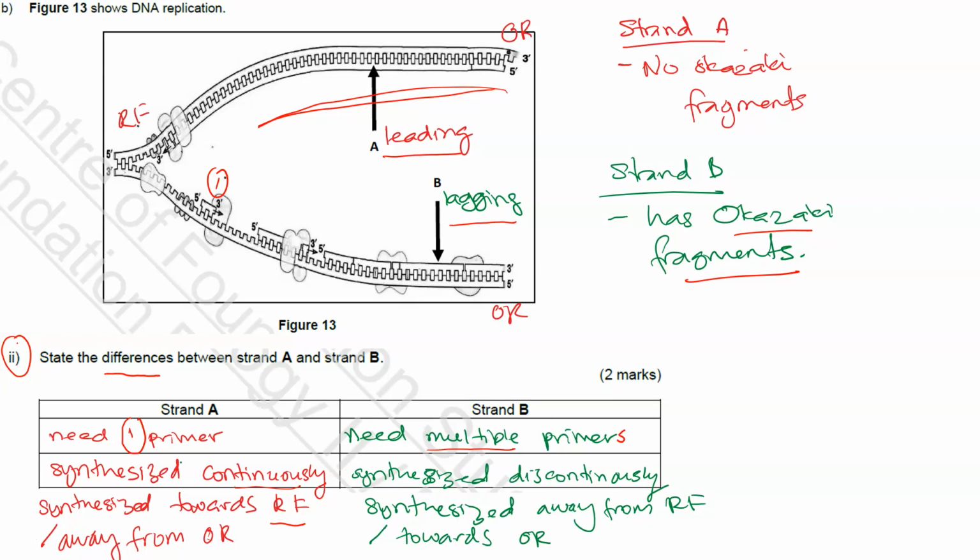And then for the lagging strand, it is synthesized discontinuously as Okazaki fragments, and the synthesis is away from the replication fork, or another way of explaining it, it is towards the origin of replication. From this diagram, you have to know that the synthesized Okazaki fragments have to be joined together to form a continuous lagging strand.